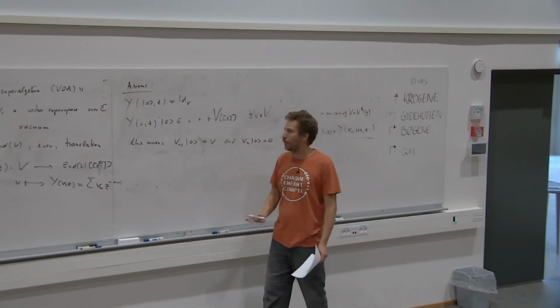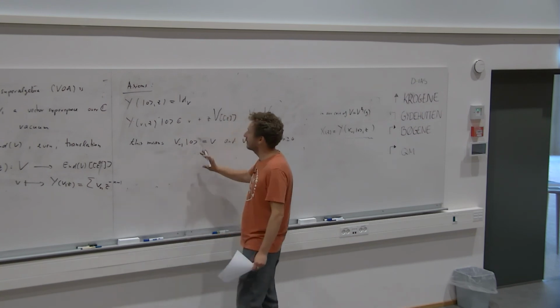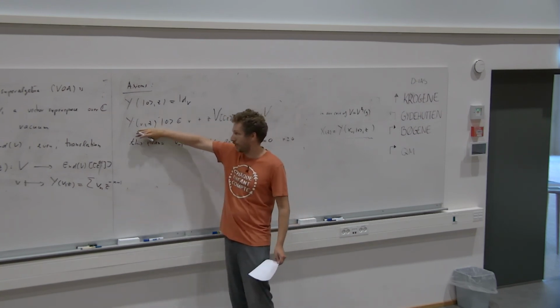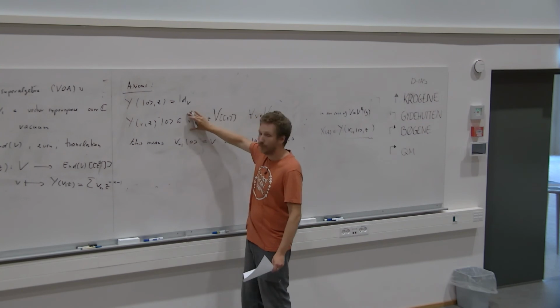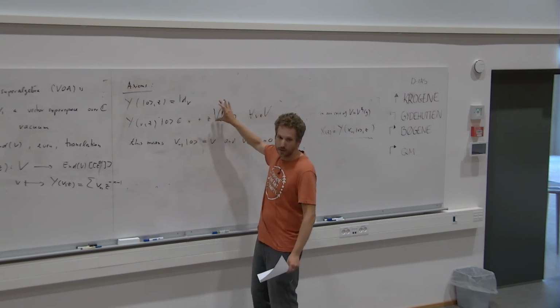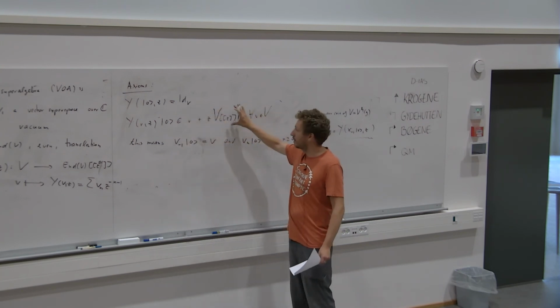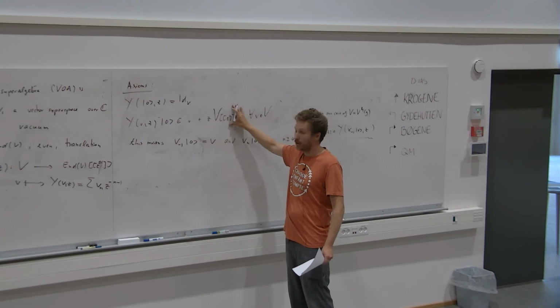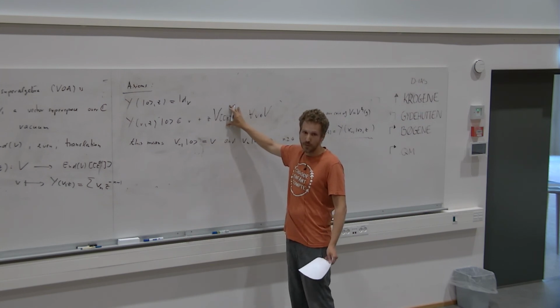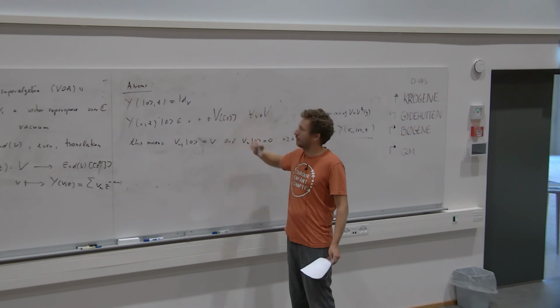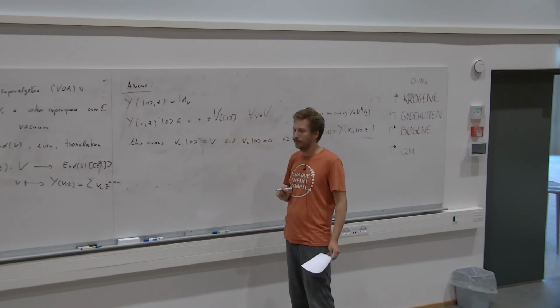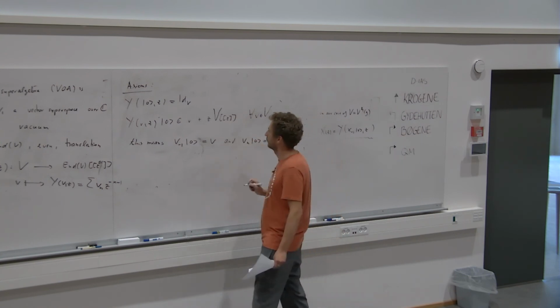So what it means is the action of this field acting on the vacuum gives you the original vector v plus a power series in z without a constant term and coefficients in V. This means, now I understand. Maybe I'll write it out more.